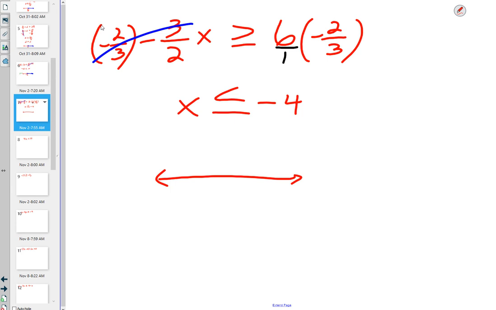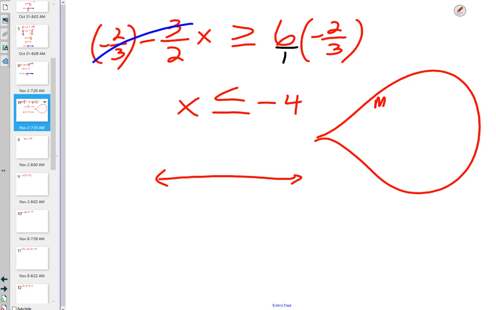Because anytime you hear those words come out of my mouth or anybody else's mouth, if you multiply or divide by a negative, then the sign flips.